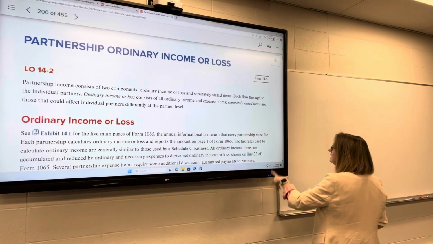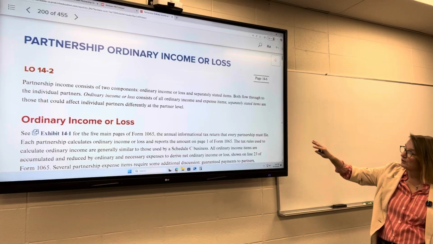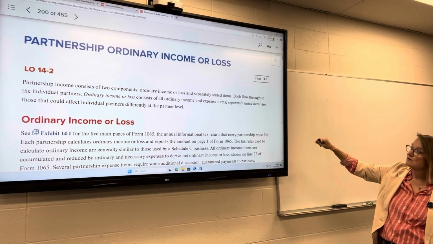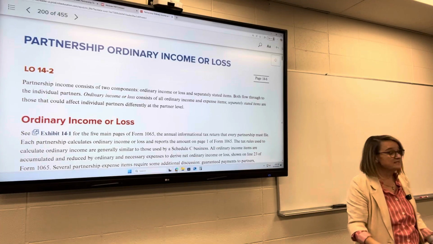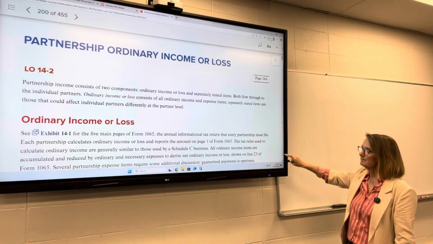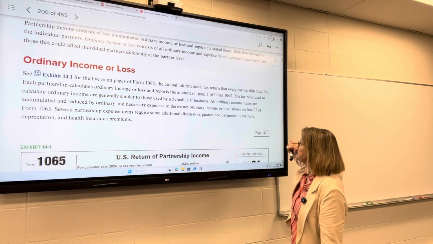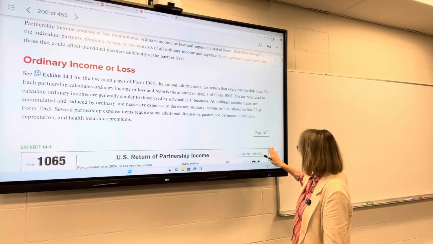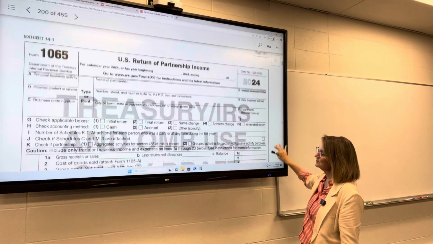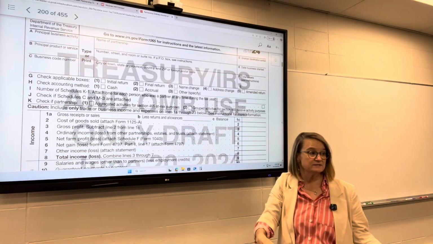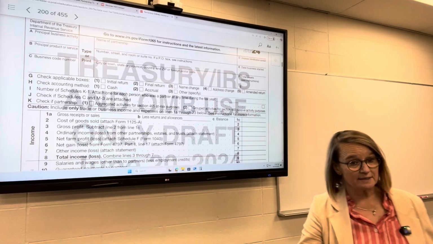But the ordinary income is all the ordinary income and expense items from our regular course of business, from manufacturing and selling our pies. So this is what the 1065 looks like. Again, it's a glorified Schedule C, which is an income statement.